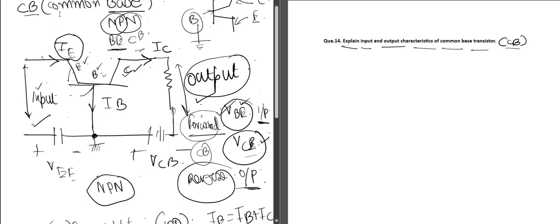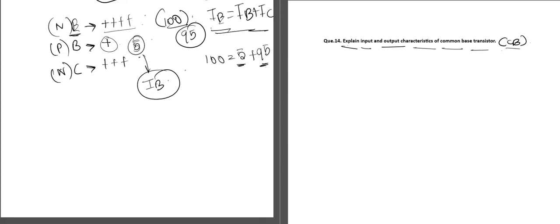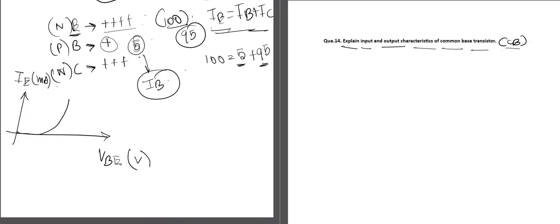Okay. So if we construct the curve, it will be somewhat like this. The y-axis is I_E, the emitter current, which has a unit of milliampere, and the x-axis is the input voltage, which has a unit of volt.